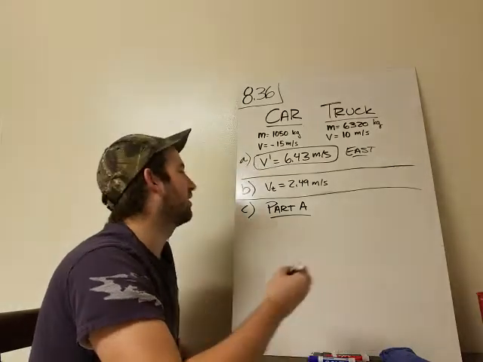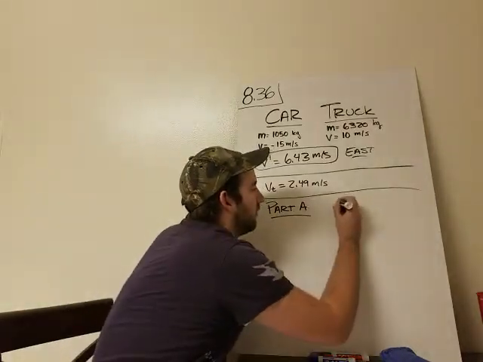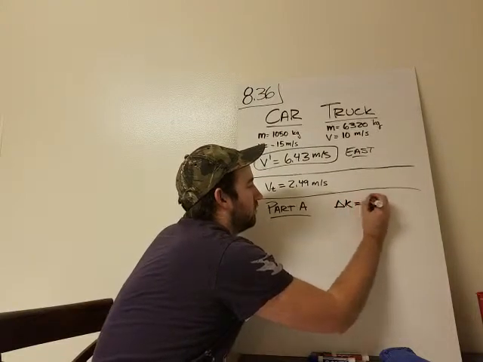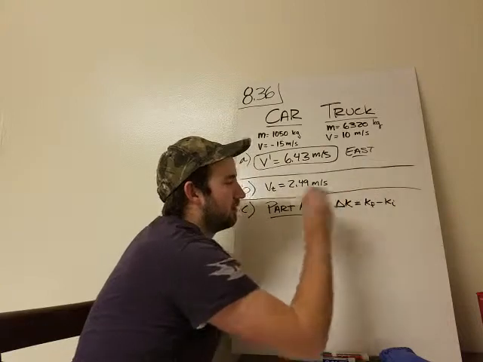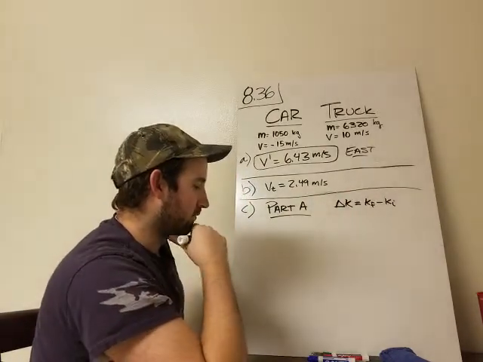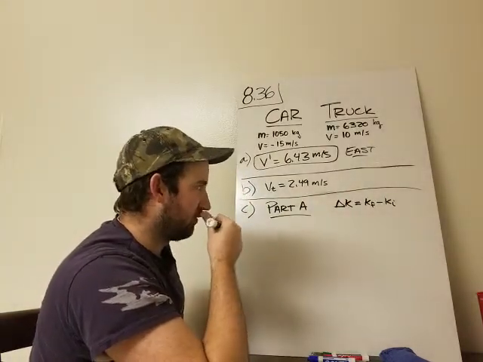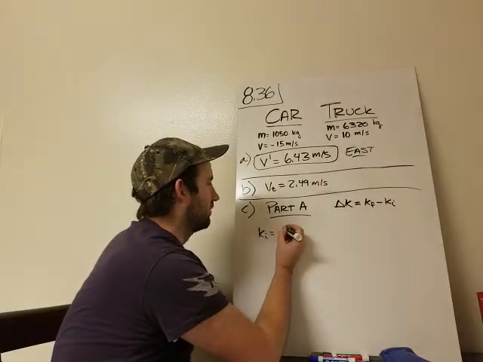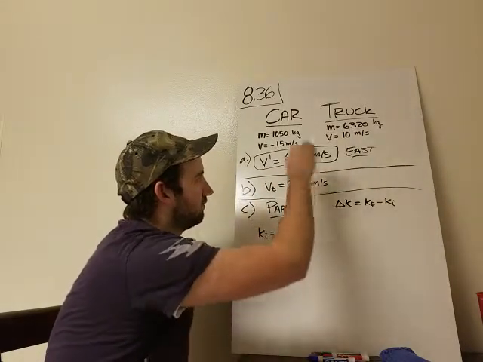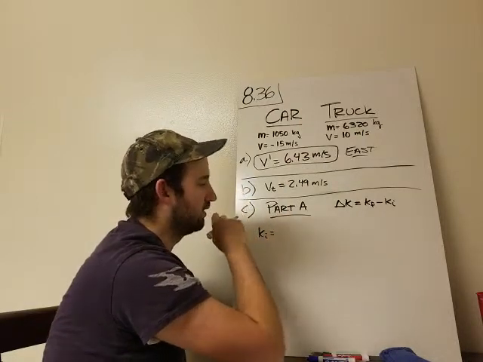So the change in kinetic energy we know is delta K, and that equals Kf minus Ki, right? Well, we know that Ki equals the sum of both the parts, right?